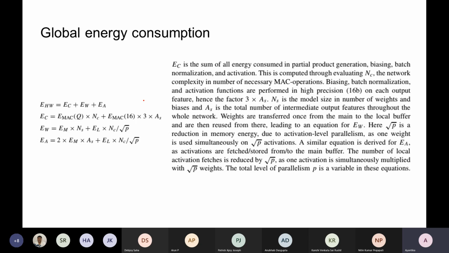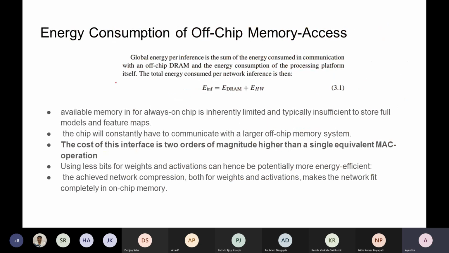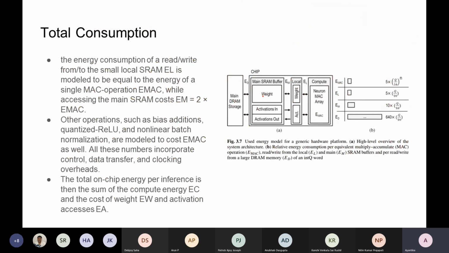Okay. Then come to the total consumption. When we were talking about the total consumption in our inference, we talked about the DRAM access part. Now we are coming to the actual computation that we are doing in our actual hardware. That's why this is EHW.